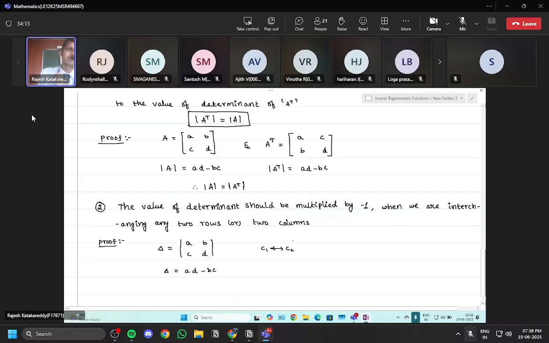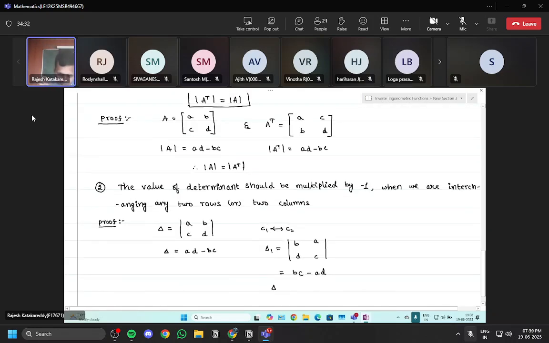If we interchange column 1 and column 2, let's call delta 1 the new determinant, that is B, D, A and C. So this value delta 1 is BC minus AD. If you observe carefully, I can write delta 1 is equal to minus 1 into AD minus BC.